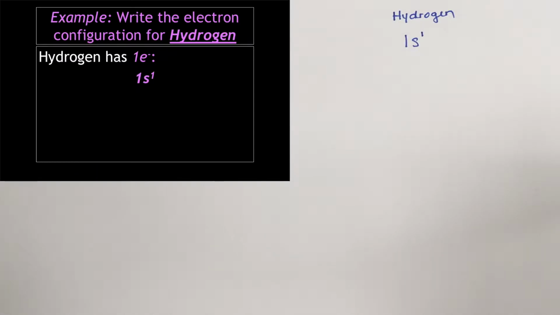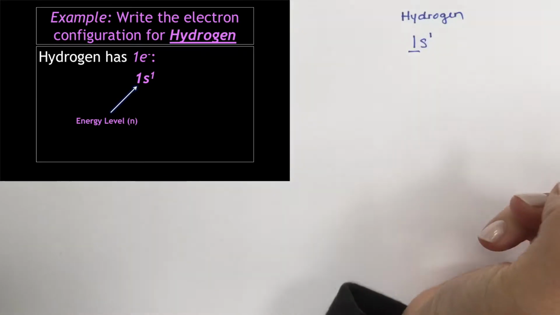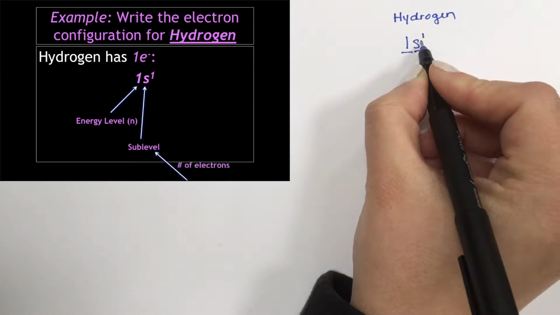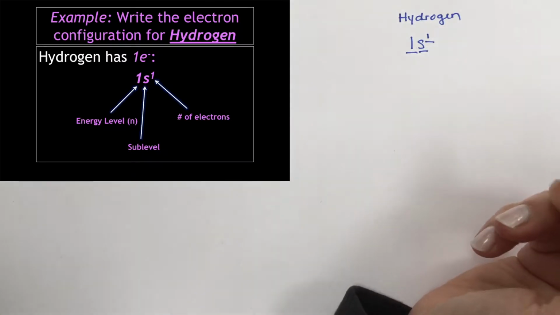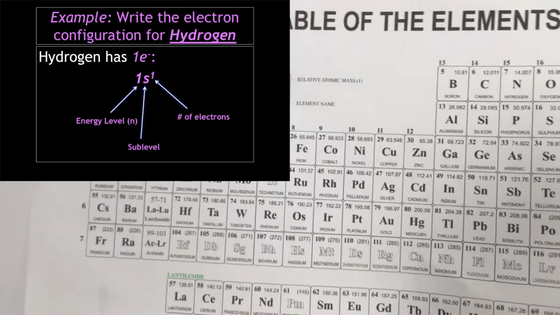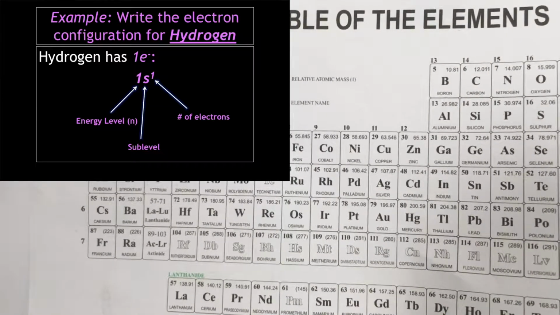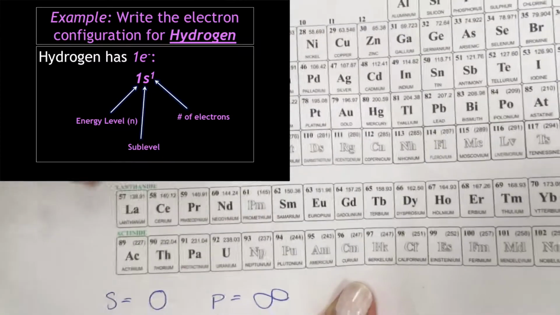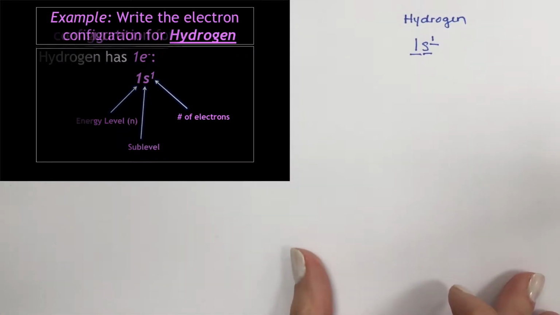It has 1 electron, so 1s1. Remember, this number represents the energy level, the letter represents the sublevel, and this number represents the number of electrons in that sublevel. You'll see there's a pattern where you can say 1 and 2, and then 1 through 10, and then 1 through 6, and then 1 through 14. F is weird, but we'll talk about that later.